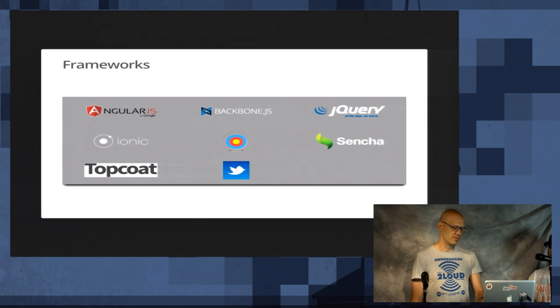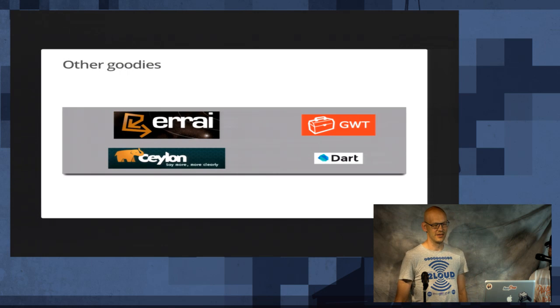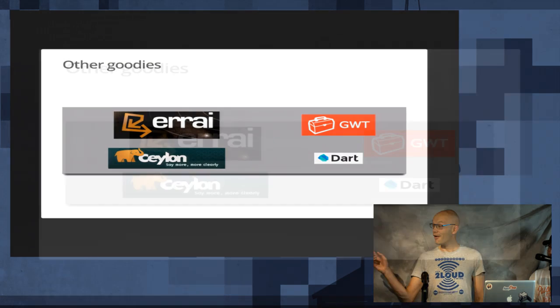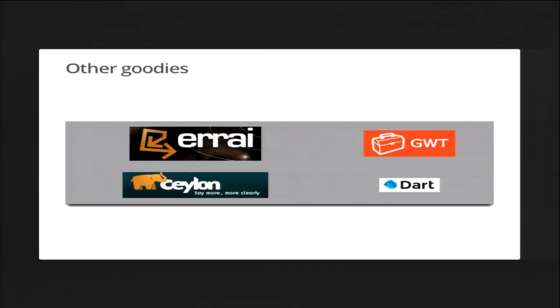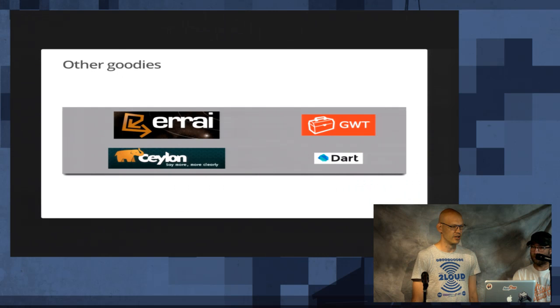And if you say, I'm scarred, like me, I've been scarred by IE6, I'll never do JavaScript anymore, there are alternatives as well. You can also just do something that compiles down to JavaScript. I know there's a lot of people making fun of JavaScript. I think it's a great language, and you can really build serious applications with it. But if you say, hey, it doesn't fit our team, or we do everything in Java, you could use maybe Errai, which is also nice.